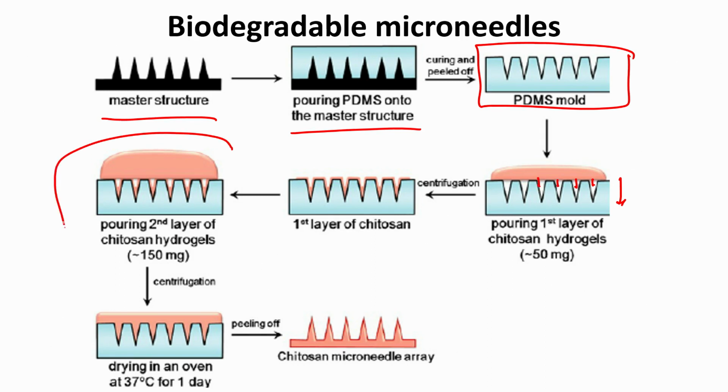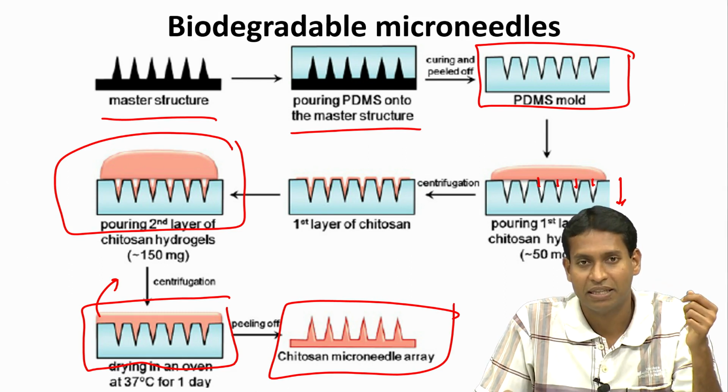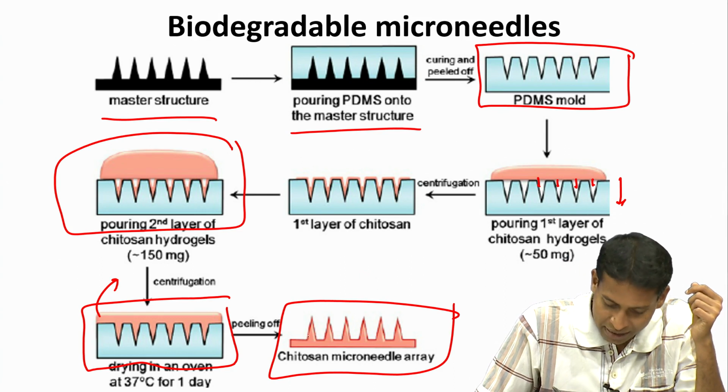So you will get a system like this. You can pour another layer if you want to make multiple layers, and once you have done this you can cause the polymerization to happen either by heating or by some other trigger, and then you can peel this off. What you have is microneedles of various kinds of polymer, whether biodegradable or non-degradable, with various properties, and they are small structures.